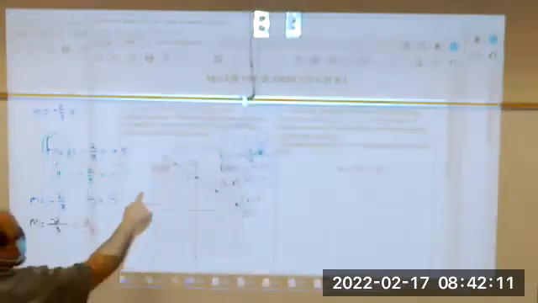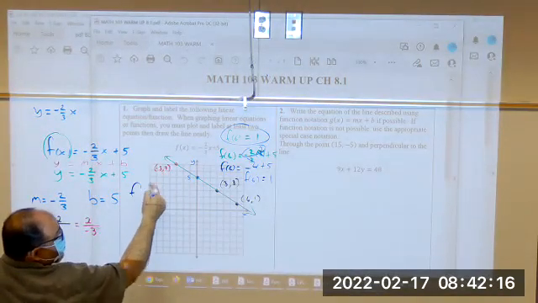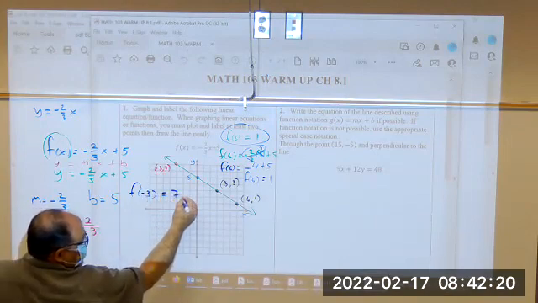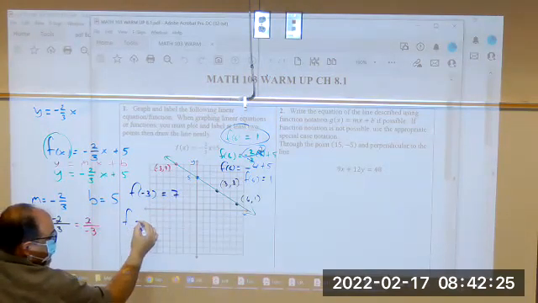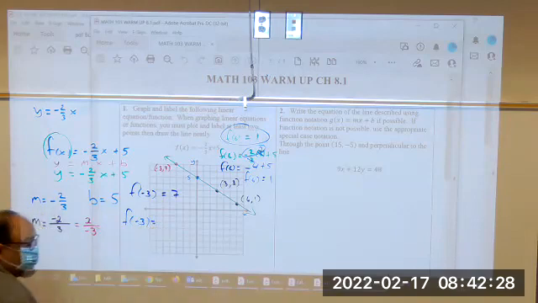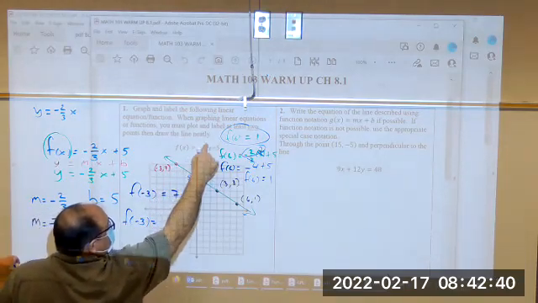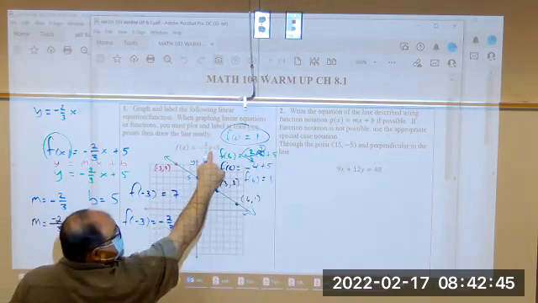When I plug in negative 3, the answer is supposed to be 7. When I replace x with negative 3, then the y value is a 7. So let's go plug in negative 3, f of negative 3. And you don't need to do what I'm showing you right now. I'm just showing you what's going on. So equals negative 2/3, and then I'm replacing this x with a negative 3.